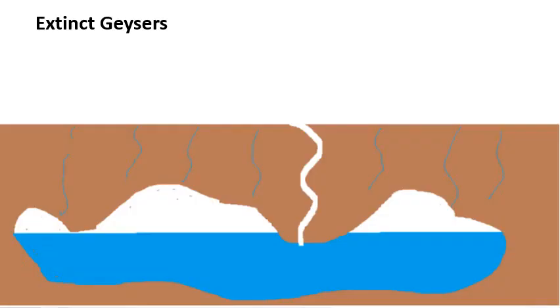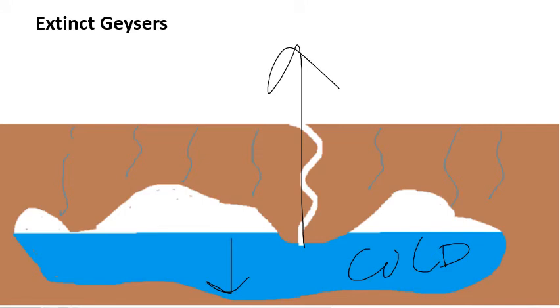Another thing that can happen with a geyser to go extinct is something can happen to the water table. If the water table gets too low, well, it runs on water. It's fueled by water. You're not going to have any water coming out the top anymore. Also, if the area gets cold, remember, you got to have a really, really strong heat source to turn that water to steam to build up enough pressure to shoot the water into the air.